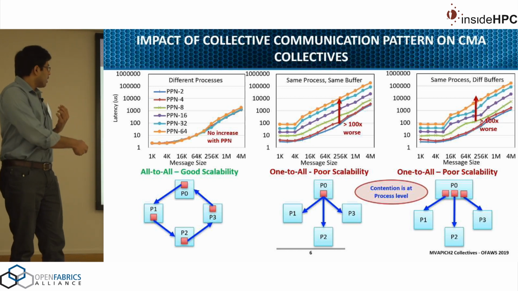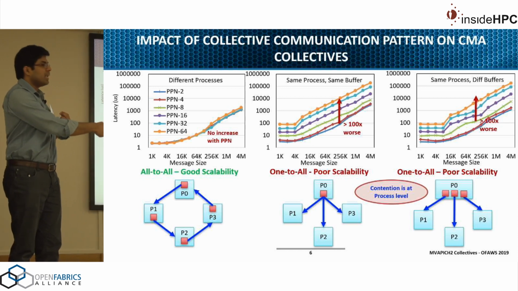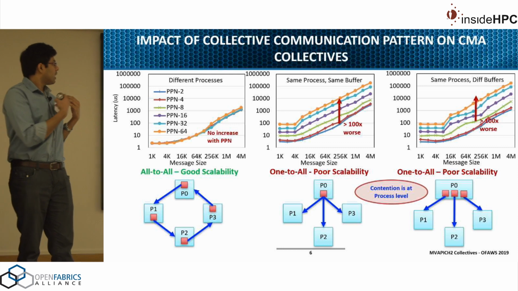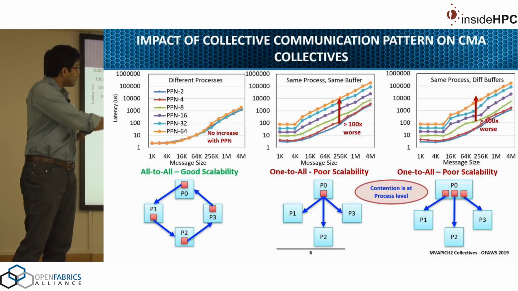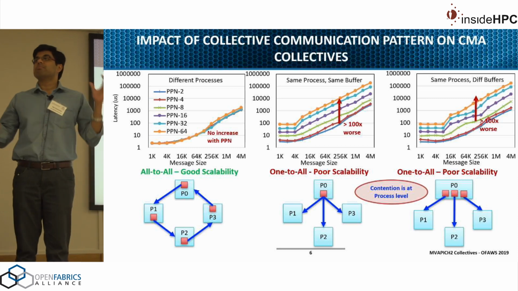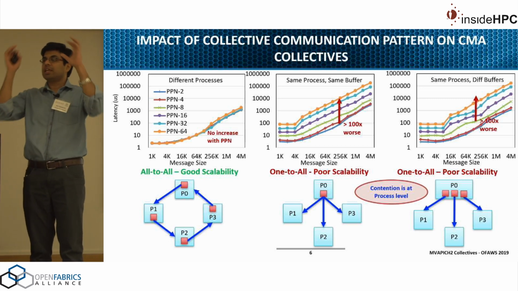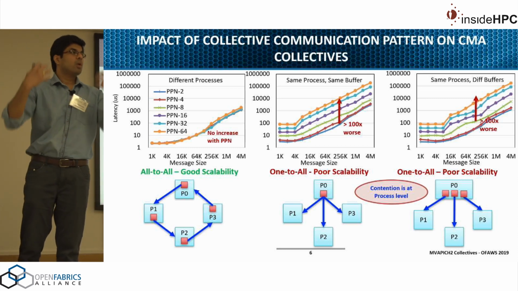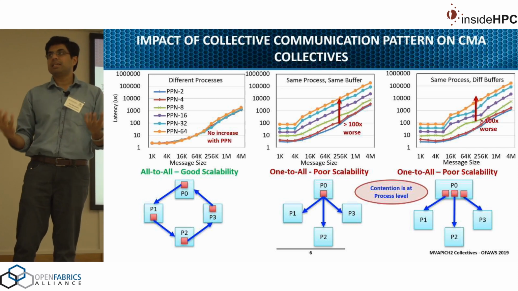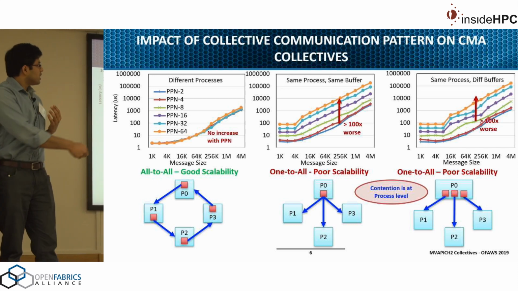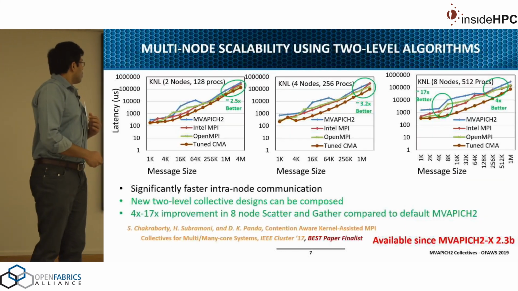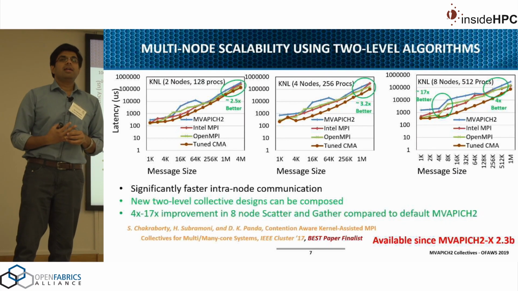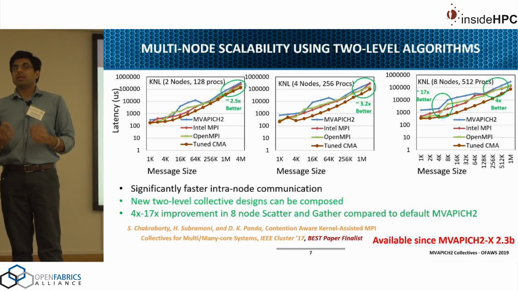This page-level lock scales very poorly as the number of processes trying to get the lock increases. So if you have a collective communication pattern where multiple processes are either trying to send to one process or get from one process, which is very typical in collective operations, your communication latency jumps up significantly.